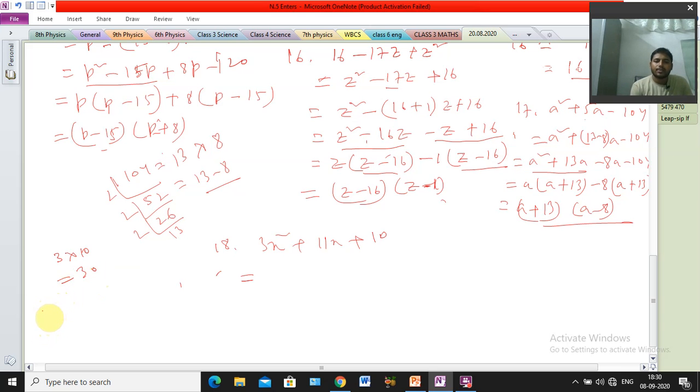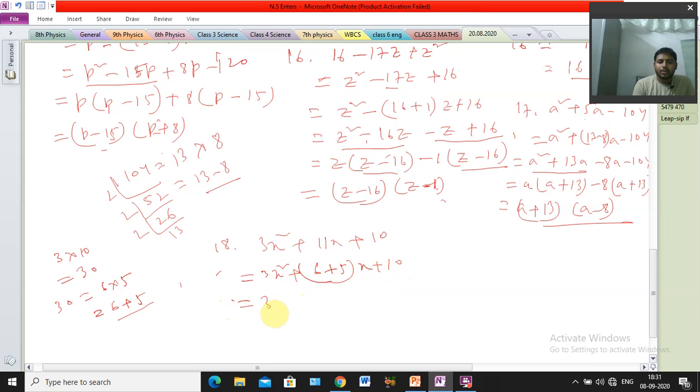What to do, sir, here? 11, sir, how will we get? See, 30 means we can write 6 into 5. Okay, and 6 plus 5 also, 6 into 5 is 30, so that means 6 plus 5 we can take, 6 plus 5 is 11. Clear or not? So that means 3x square plus 6 plus 5 into x plus 10.